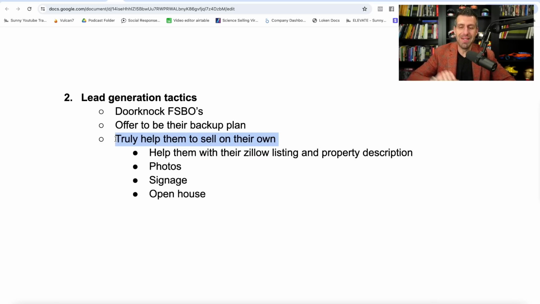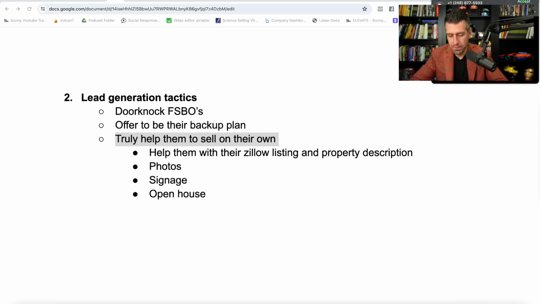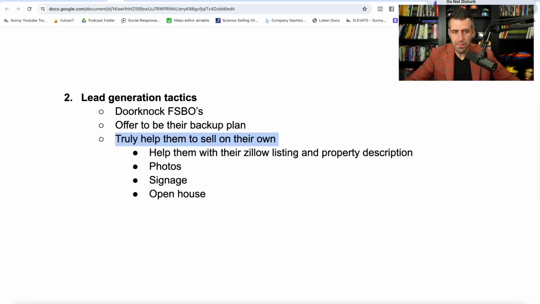When your competition zigs, you're going to zag. It's literally one of the best strategies you can have when it comes to acquiring new clients.